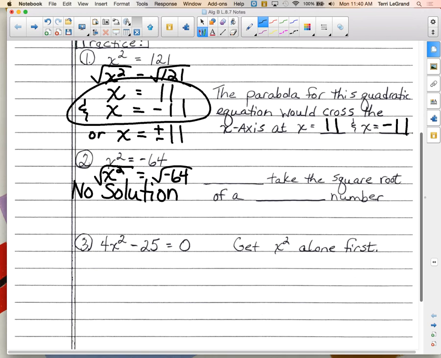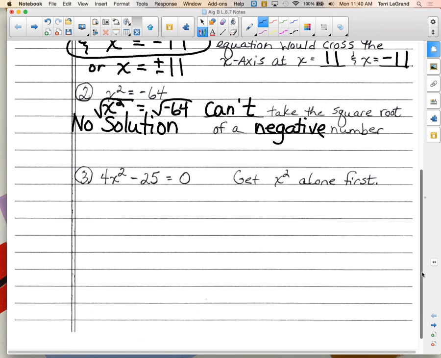So we say you can't take the square root of a negative number. You can keep trying, but it's never going to work, because you will never find a number times itself that will give you a negative. A negative times a negative is not a negative, and a positive times a positive is not a negative. It has to be a number times itself.